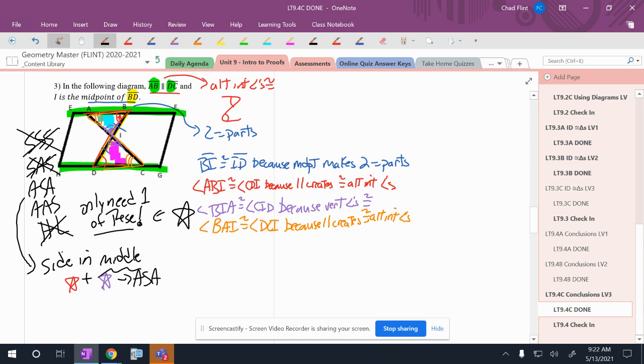All right. If I have red plus orange, or if I have orange, I'm trying to make this so it's color coded, plus purple, I have angle, angle, side.